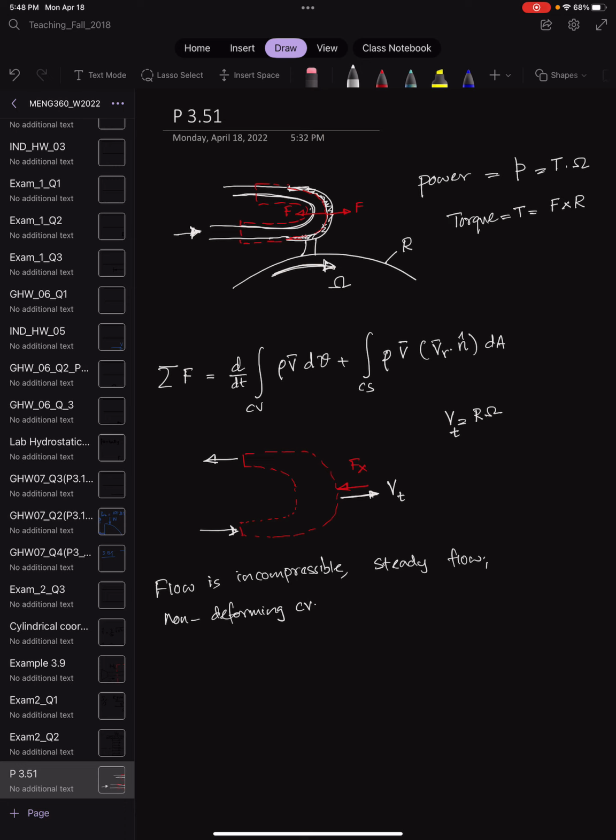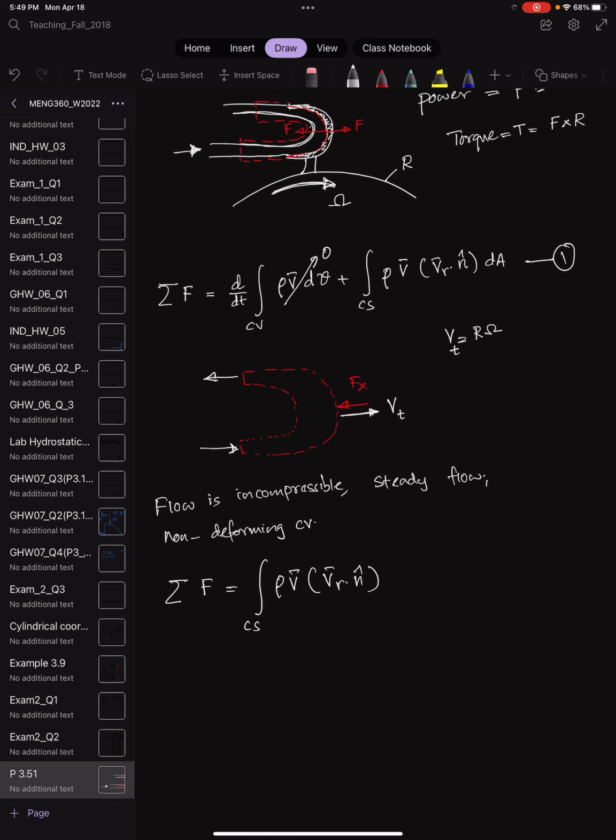Since it is steady and incompressible, the first term on the right-hand side of equation 1 is going to be 0. So our F is going to equal the control surface integral of rho v vr dot n dA.